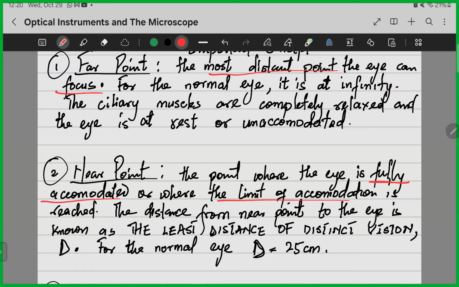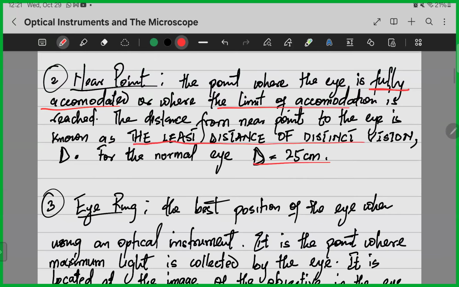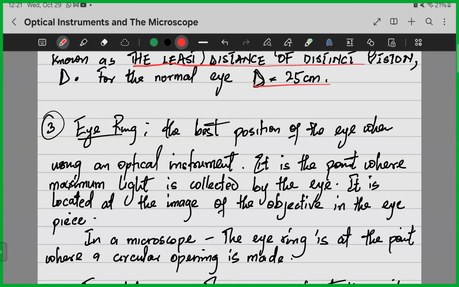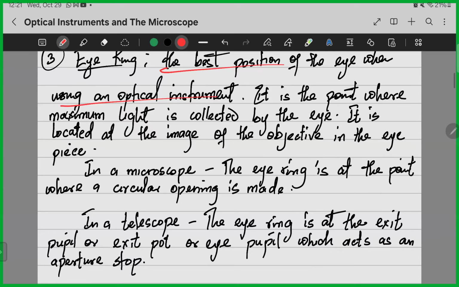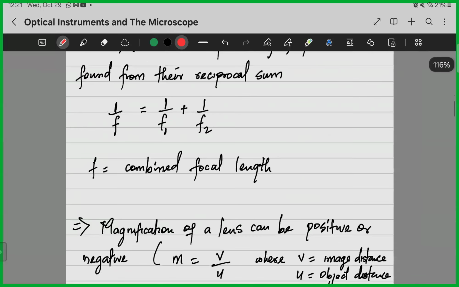For the normal eye, the least distance of distinct vision is 25 centimeters. I explained that no matter your eye problem, if you remove your glasses and place something 25 centimeters in front of that eye, you should be able to see it. Then we went to the eye ring, and we gave its definition: the best position of the eye when using an optical instrument. Then it goes on like that.